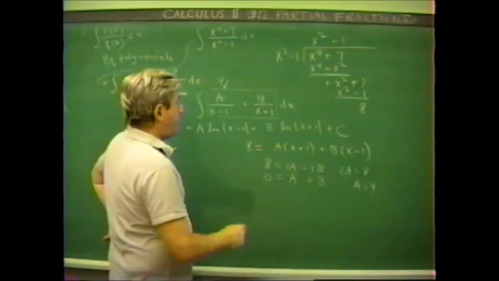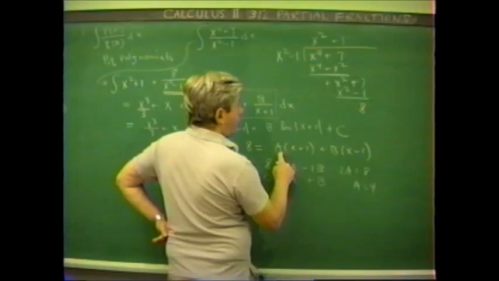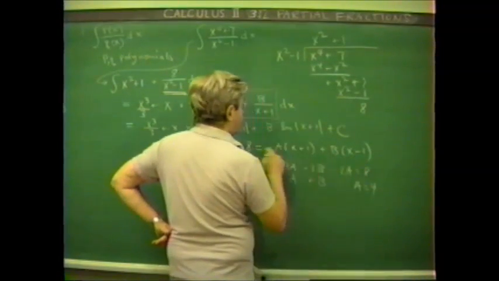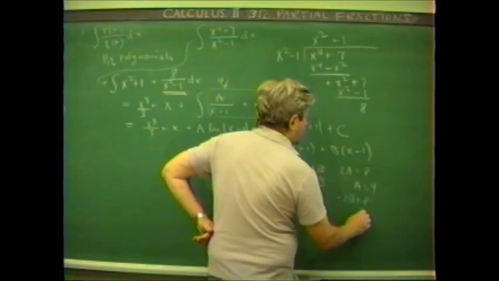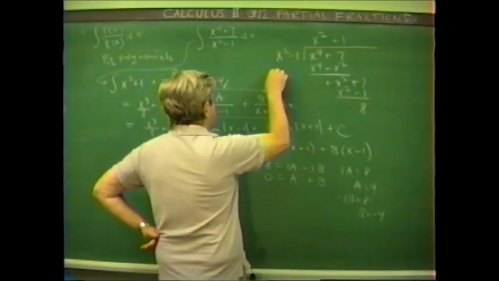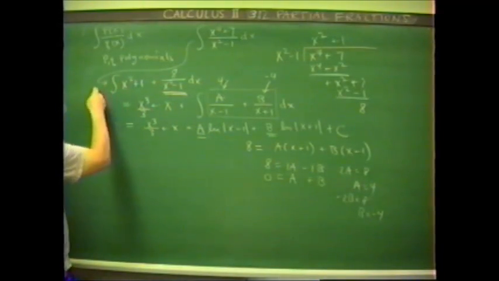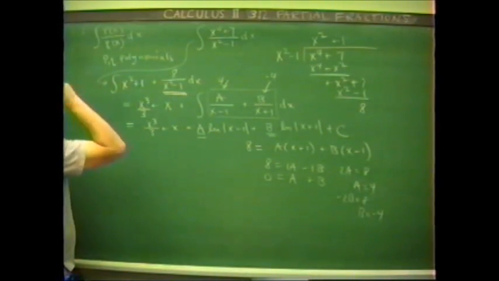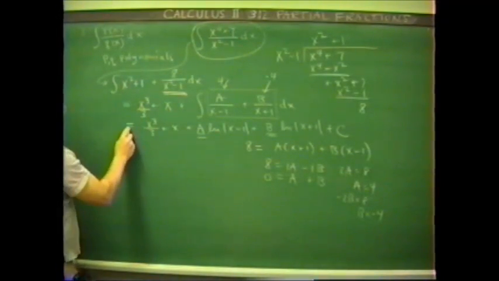And if I let x equal minus 1 here, this part disappears, that is to say, we get minus 2b is equal to 8. So b is minus 4. And that tells me what a and b are. We've now completed the integral of this quantity right here. Namely, it's this.